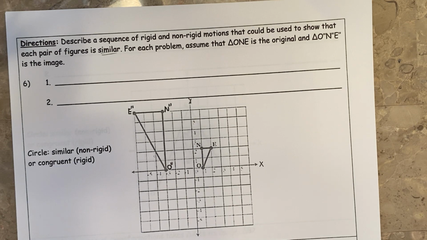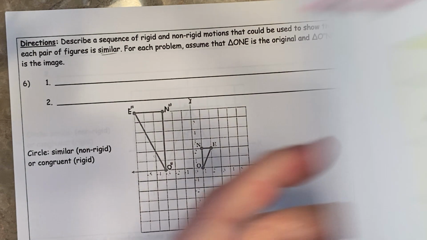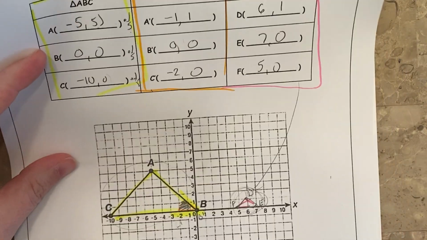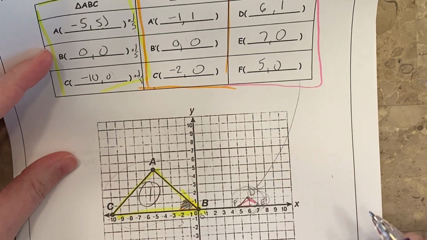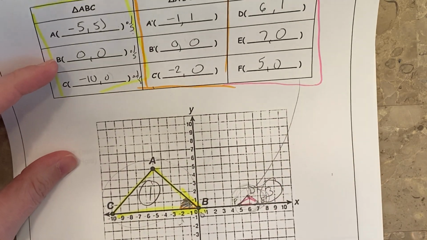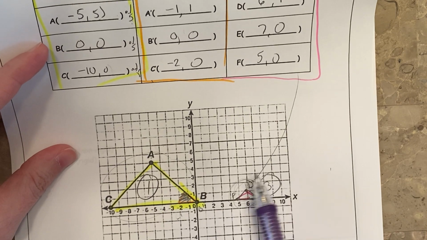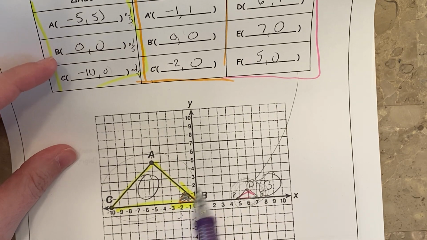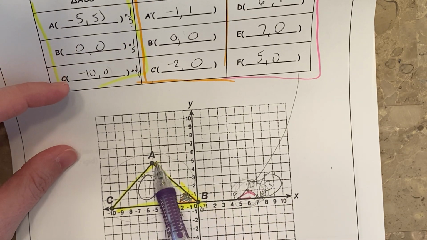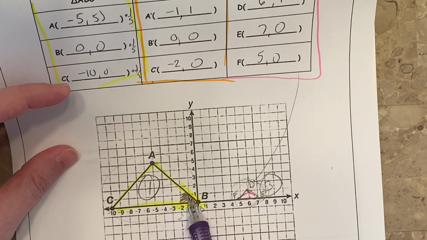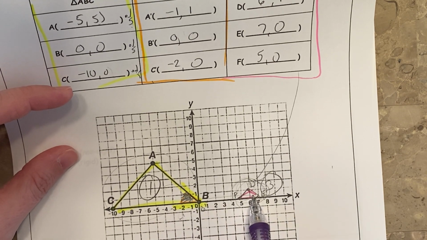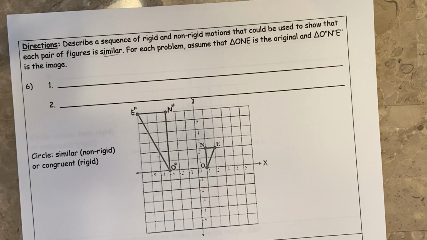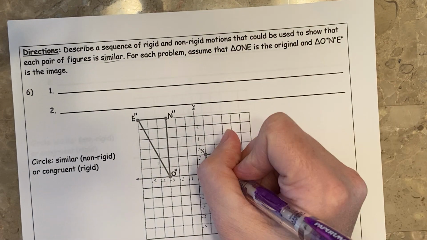The reason it's more difficult is because you essentially have what you have right here. You have the beginning one, and you have that third one, and you have to figure out, well, what was the second one before I got to the third one? So for here, it was a dilation because it got smaller, and then I moved it over. So that's really what we're doing here. I have the first one.